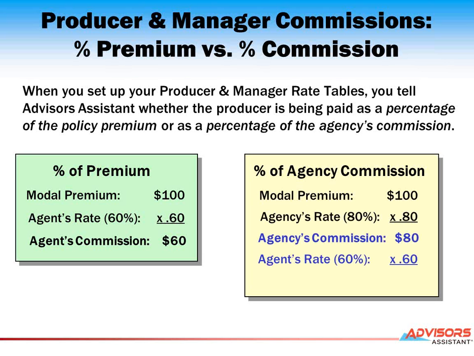Then it goes to get the agent's rate from the rate table to calculate the agent's commission due. So you can see the difference there, and when we look at the rate tables, you'll see how easy it is to pay agents and managers by premium or agency commissions.